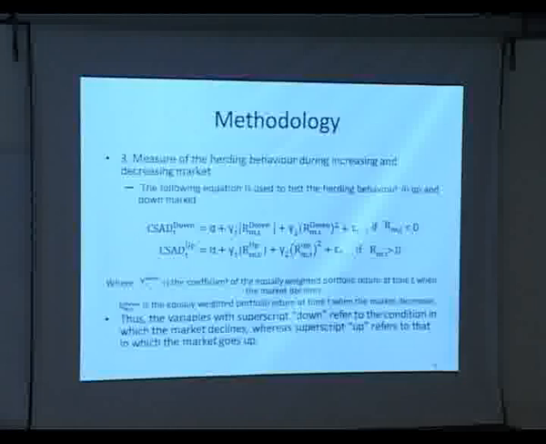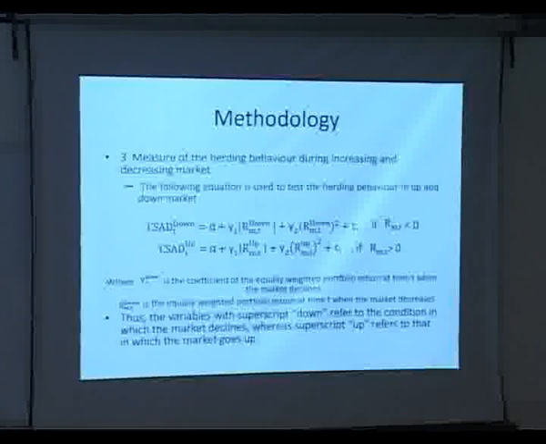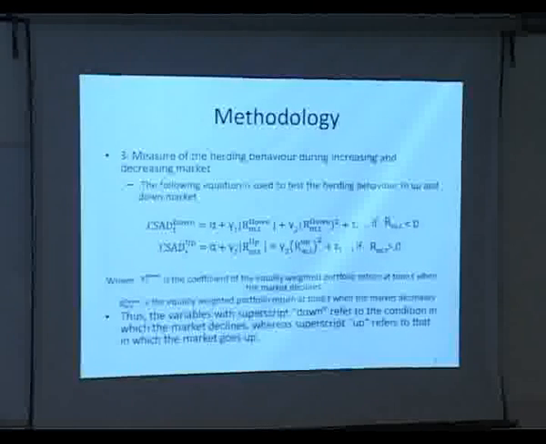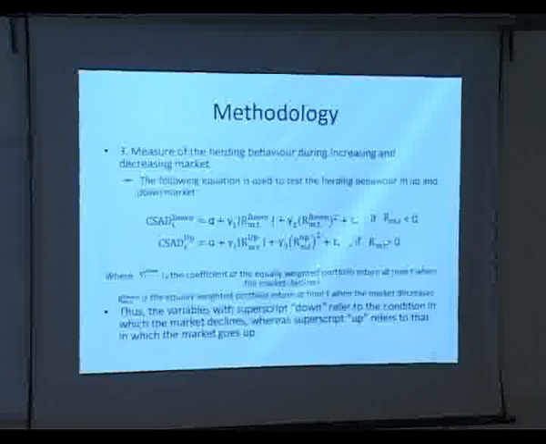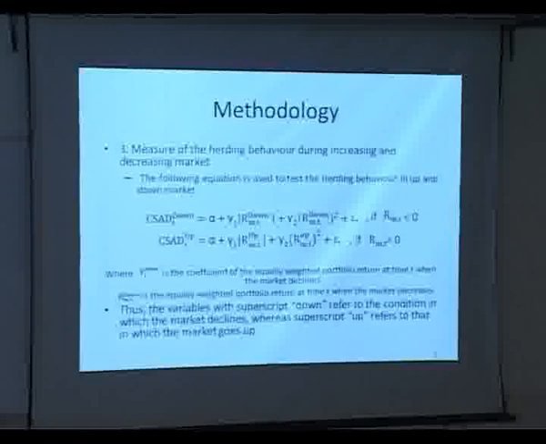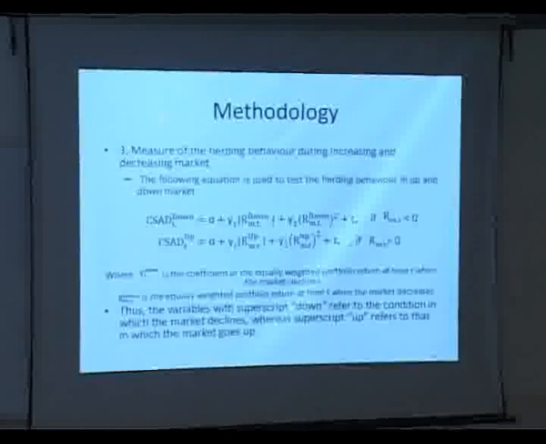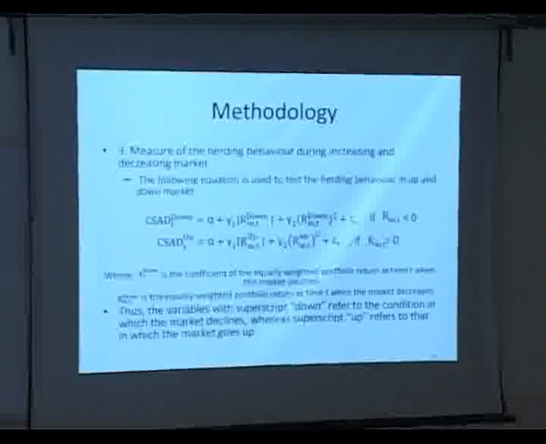And then not only up and down, we've also seen if the market continuously goes up for X number of trading days, or continuously comes down for X number of trading days, does herding exist at that time? That is a kind of abnormality in market behavior. So what we've done is measure herding during increasing and decreasing markets.